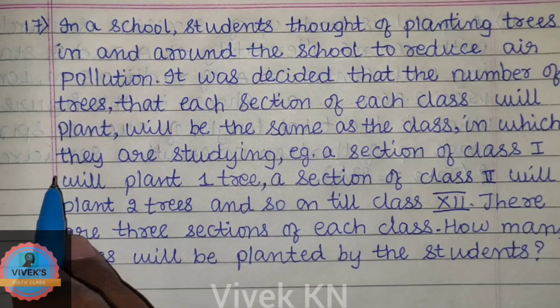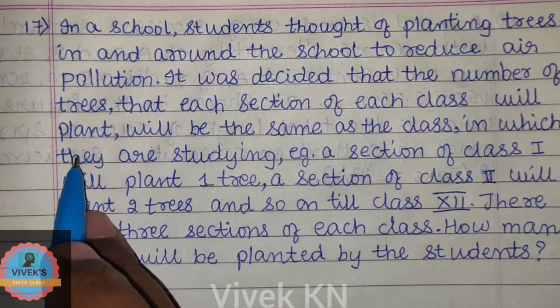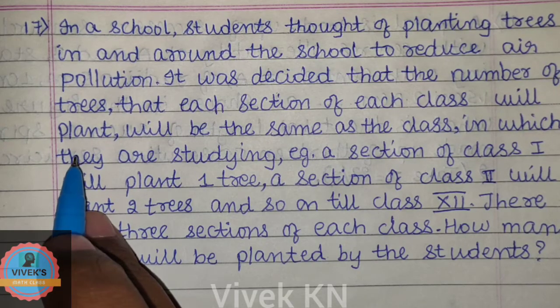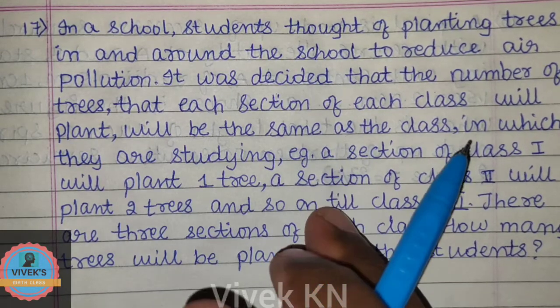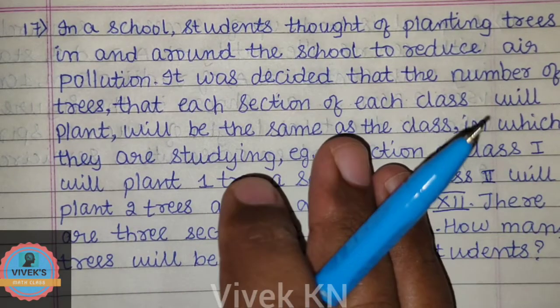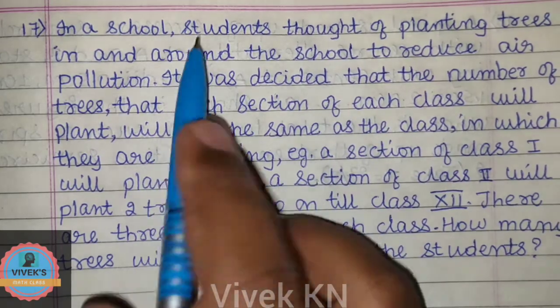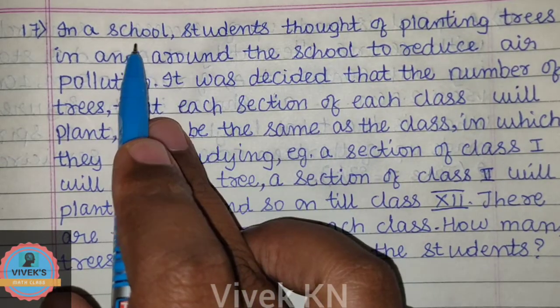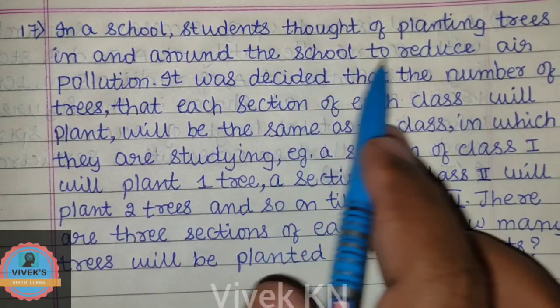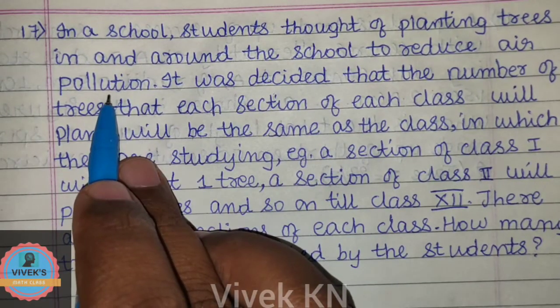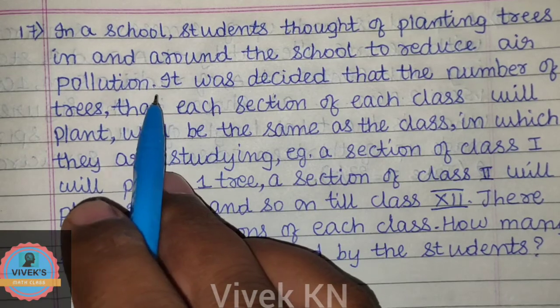In this question, in a particular school, there are classes from grade 1 to grade 12. Each class will have 3 sections, and all the students of the school thought of planting trees in and around the school to reduce air pollution. That's a good concept.